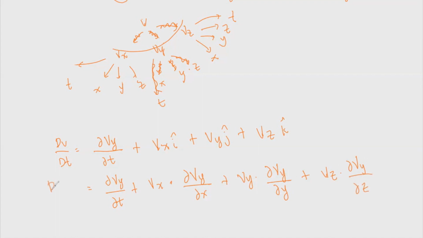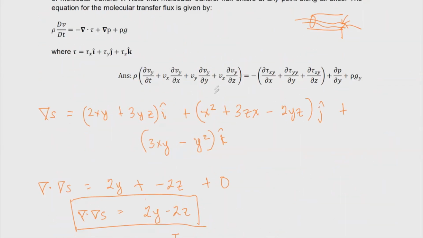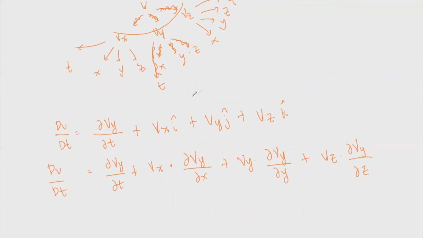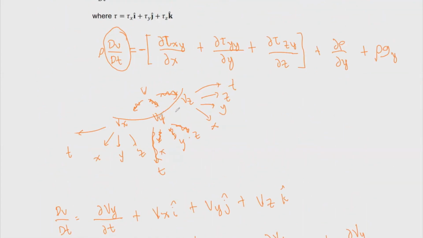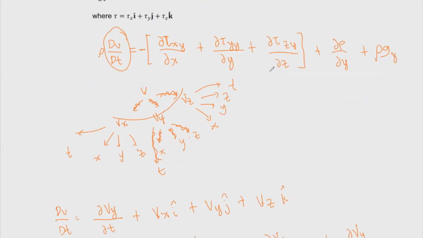And in that case, this is the final expression of dv over dt. Okay, so in this case, we already obtained this kind of expression, and then of course we multiply that with our density. So this expression is equal to this one, and then you just have to equate them.